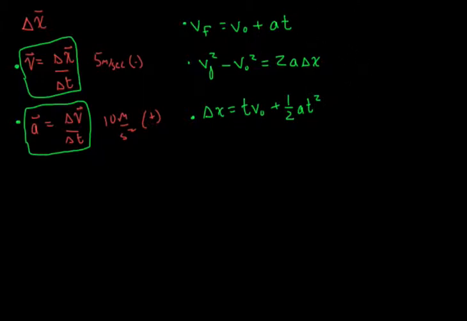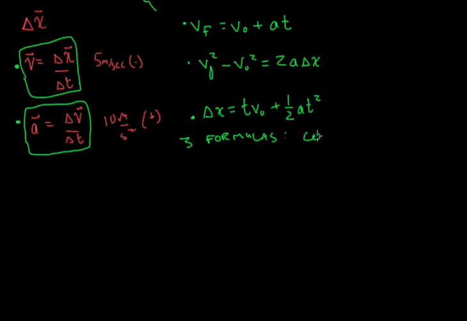Now these three formulas are for constant acceleration only. What do I mean by constant acceleration? I realize I wrote the three formulas for constant acceleration off the screen, so let me bring that in here.